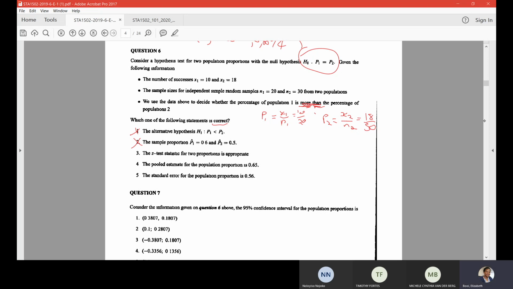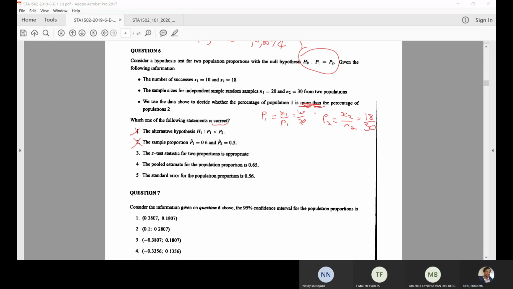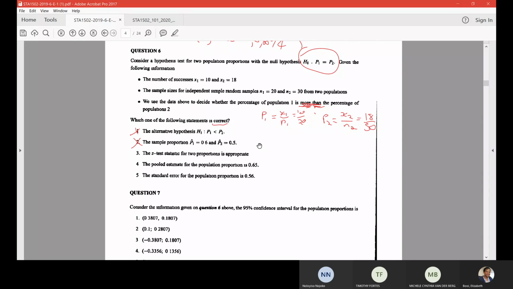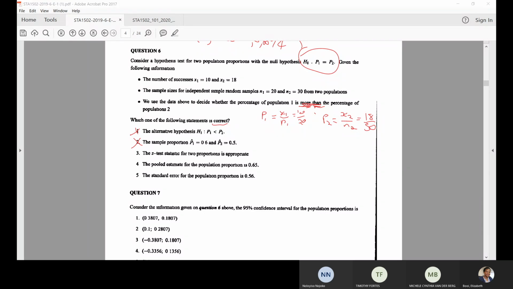The Z test statistic, is this going to be a Z test statistic since it's proportions? Is that correct? Yes, it will be correct, because for proportions, we always use the Z statistic.